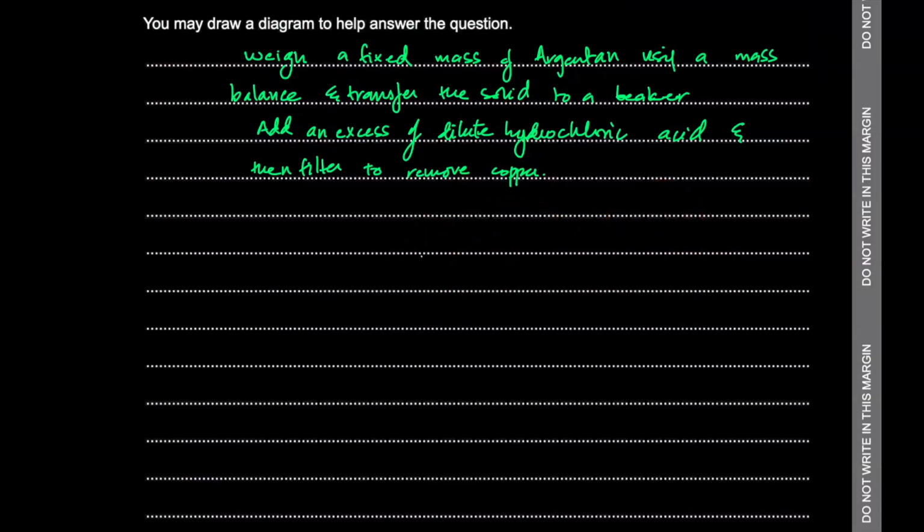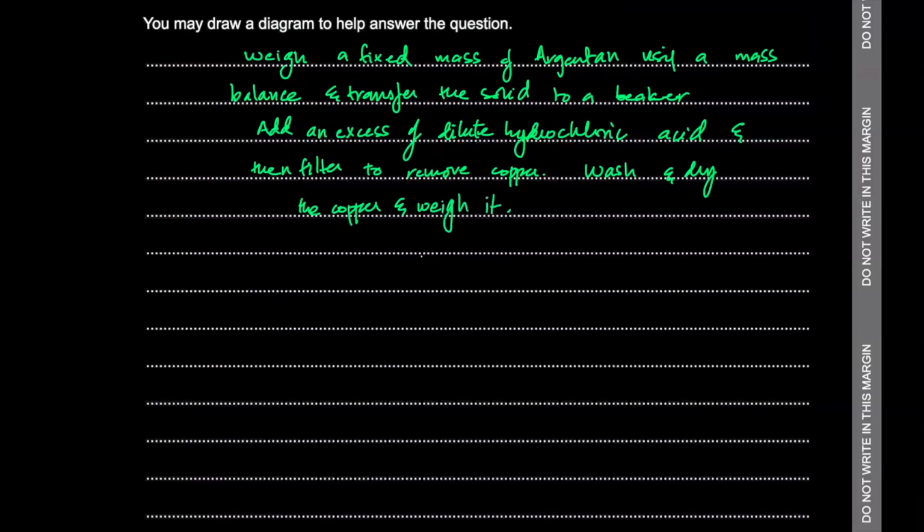So we filter to remove the copper, and then we wash and dry the copper. We want to make sure that all the solution is washed off the copper, and we dry it so that we don't get the mass of water. So wash and dry the copper and weigh it.